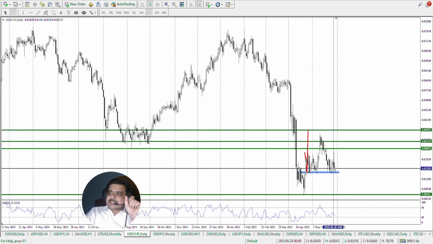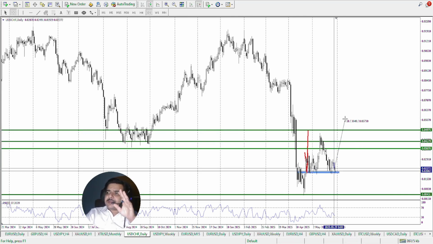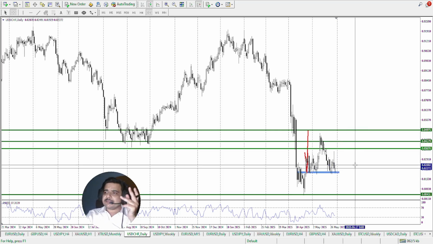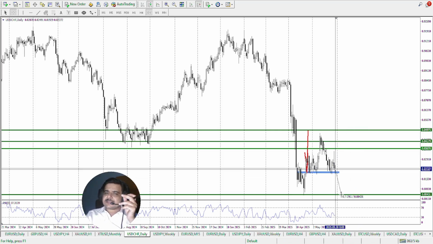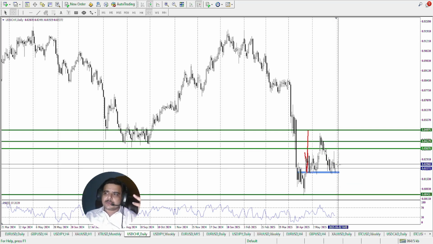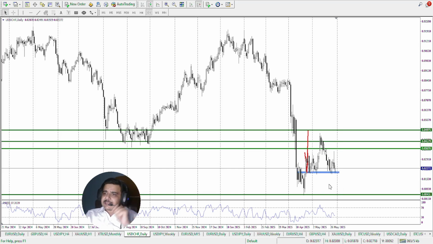The change can be that it is planning for a break of these structures and to reach towards 0.84975, and obviously it is standing at a breakout point, so 0.84043 can be a very good support if this one is broken. So let's see how it goes.